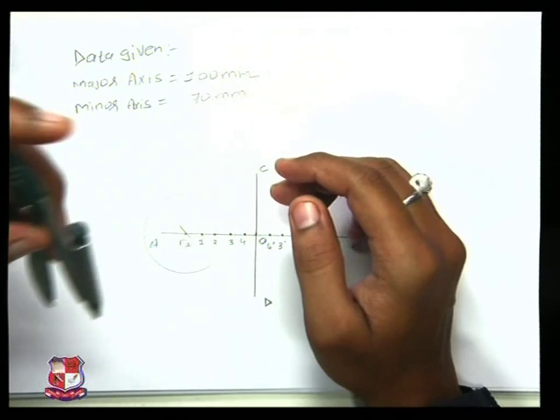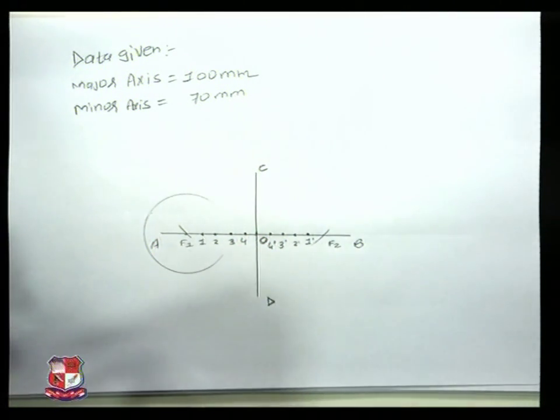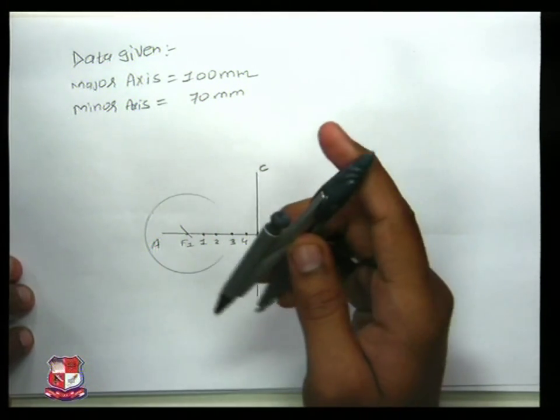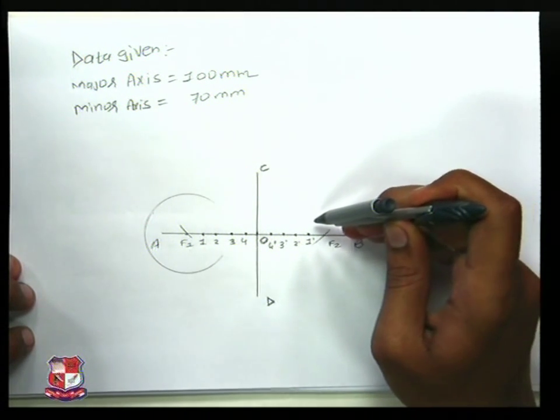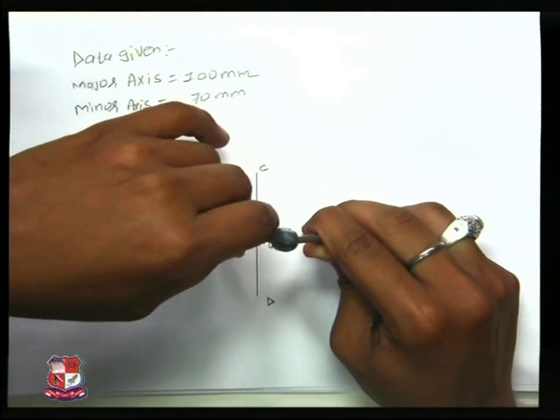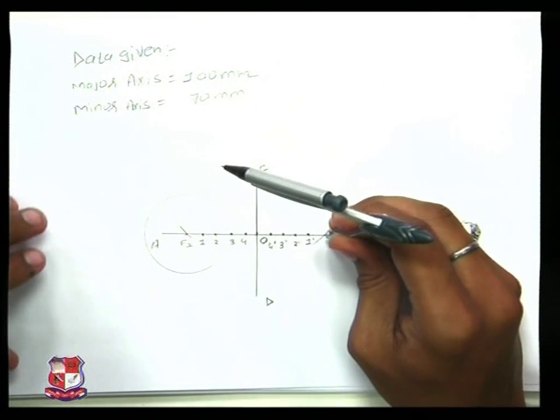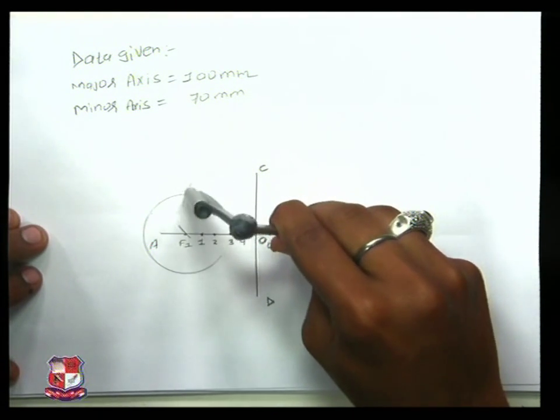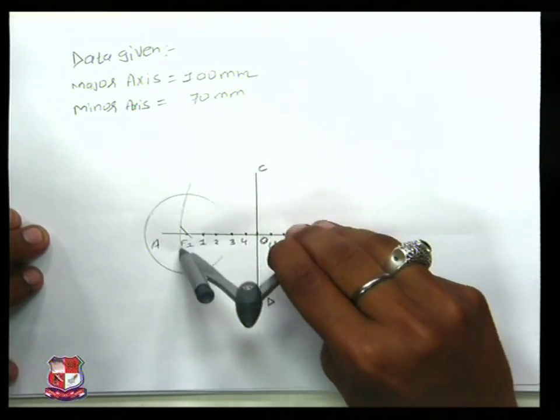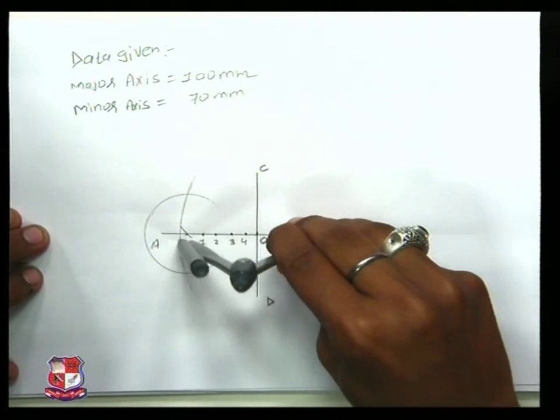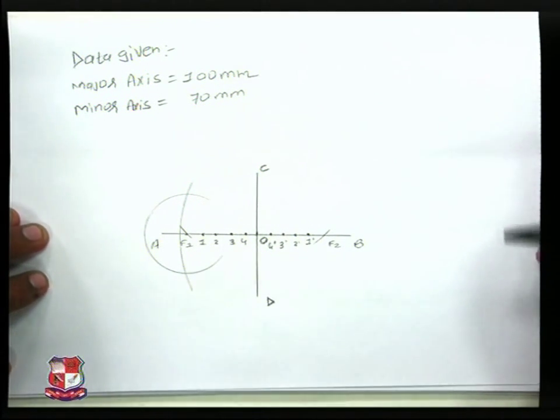Draw an arc kind of thing. Take B1 as radius, F2 as center. Draw an intersecting arc like this.